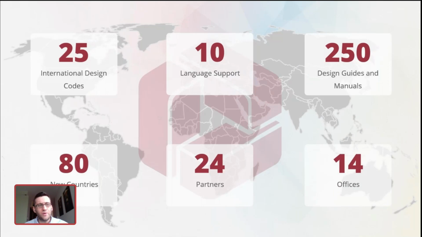We are supporting 25 different international codes and 10 different languages. In our knowledge base, you can find more than 250 design guides and manuals. We have been selling our software in 80 different countries with our 24 partners in 14 different offices.